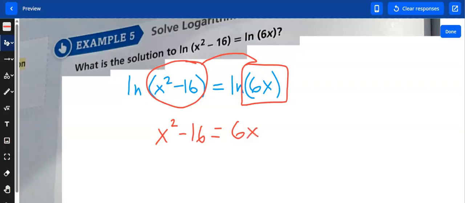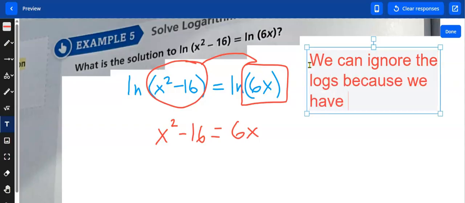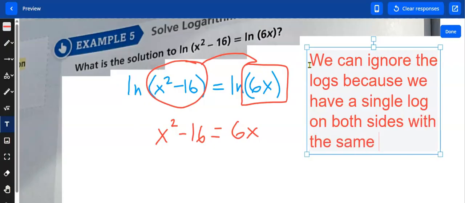If these 2 logarithms are equal, then the arguments must be identical. So in other words, I know you're not dividing by logarithms, but we can ignore the logs because we have a single log on both sides with the same base.